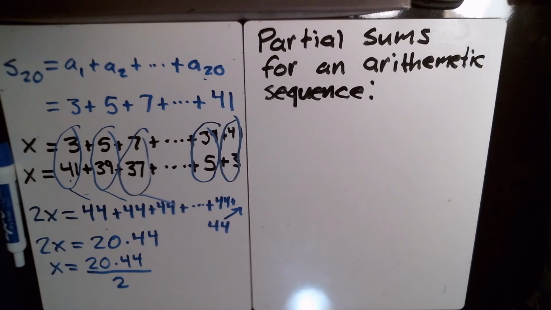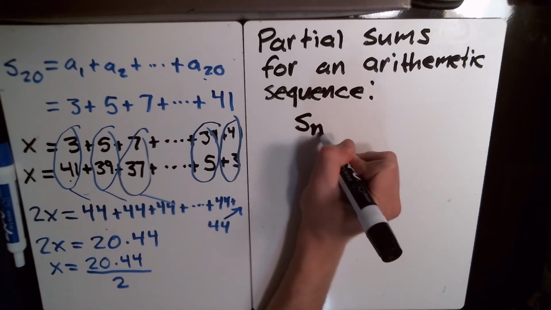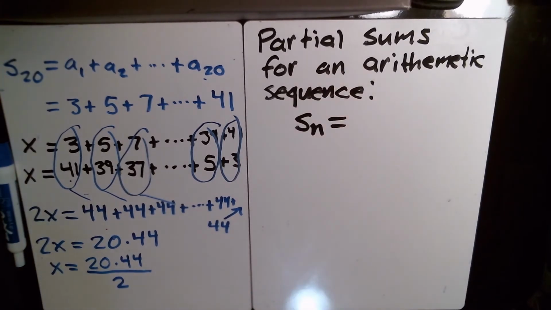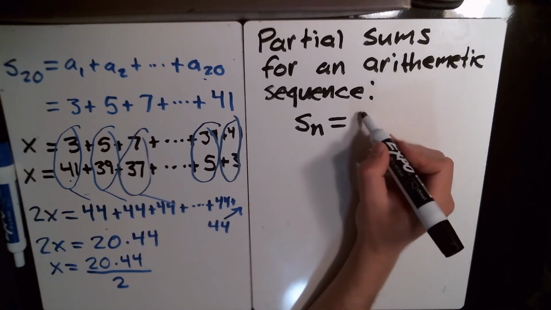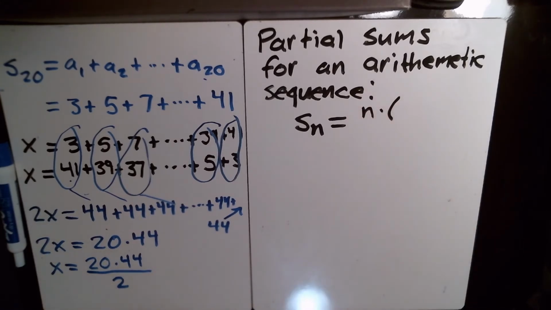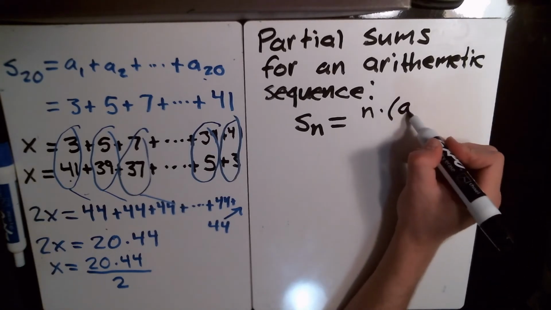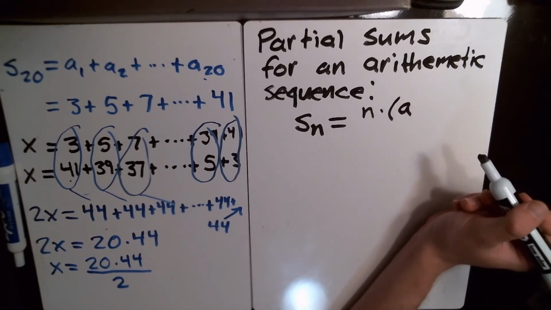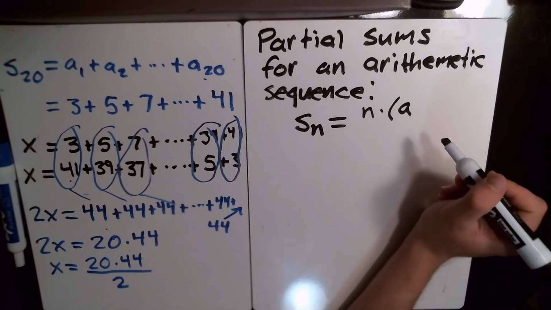Well, it turns out you can write an equation for S sub n, basically using this idea that we just went over. You do n times a, and a is the same as what we used in our original arithmetic standard form.